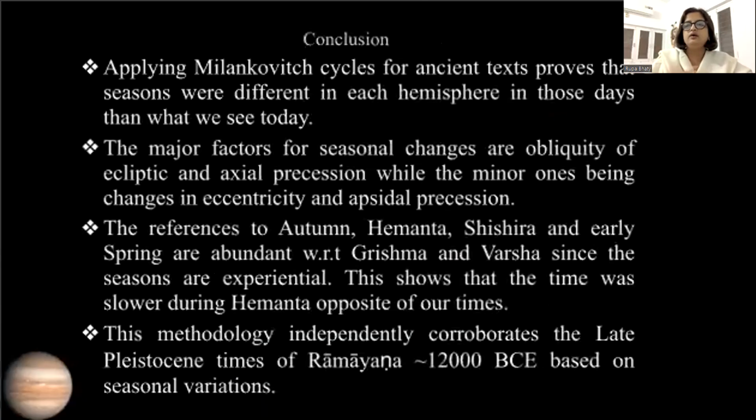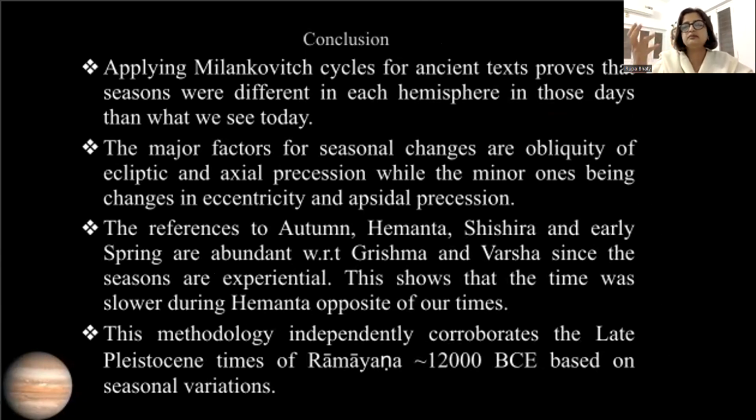So what is the conclusion here? We applied the Milankovitch cycle to the ancient text, and it proves that the seasons were different in each hemisphere in those days from what we see today. The major factors for seasonal change are obliquity of the ecliptic and axial precession, while the minor ones are changes in eccentricity and apsidal precession.